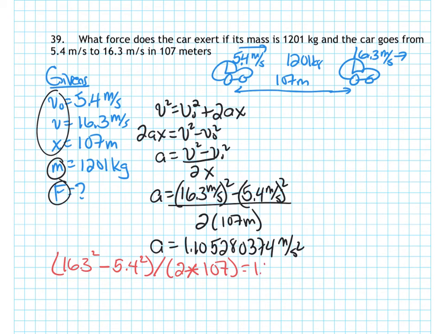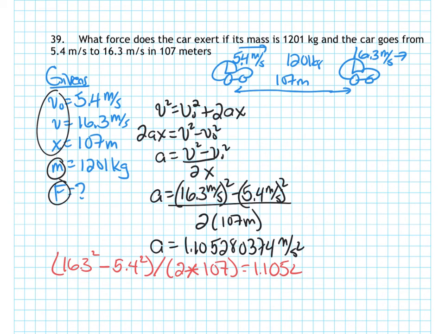That's going to give me 1.1052... If you didn't get that, without those bottom parentheses, what it will do is take the number it gets in the top, divide it by 2, and then multiply that number by 107. That's not what I'm intending. So these parentheses and the order are very important.